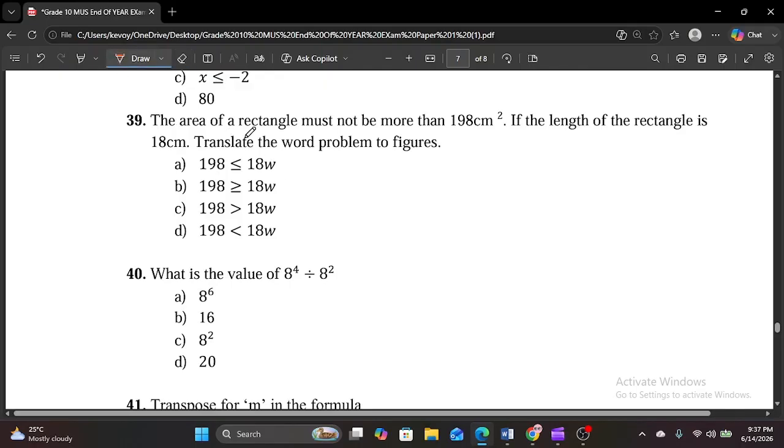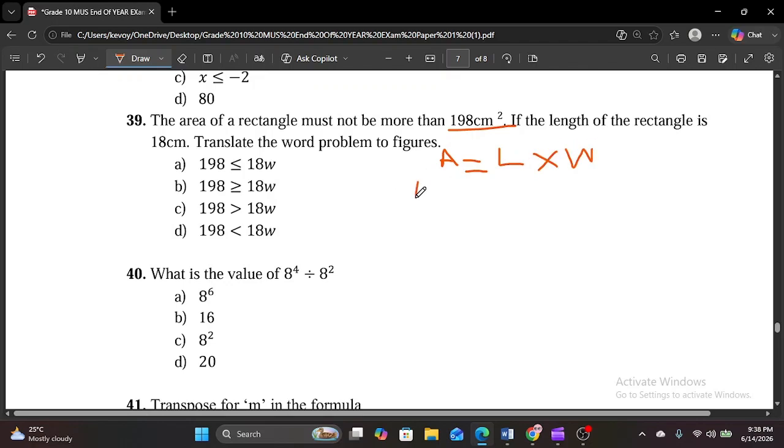All right, so the area of a rectangle must not be more than 198 centimeters squared. If the length of a rectangle is 18 centimeters, translate the word problem to figures. All right, so the area of a rectangle is equal to length times width.